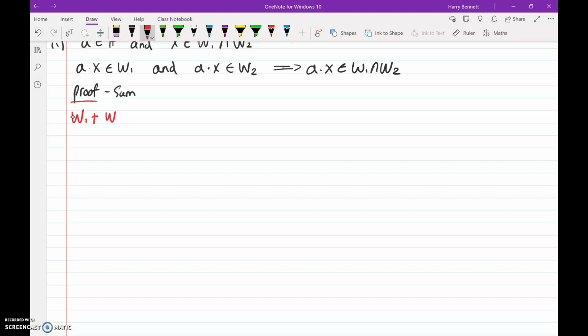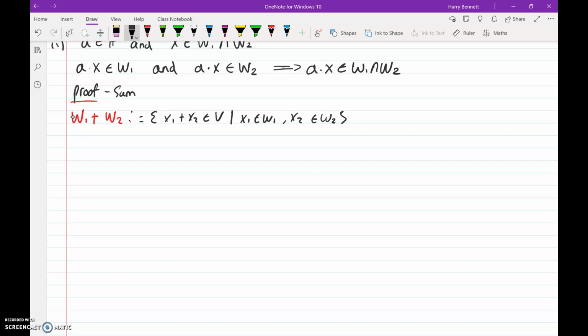I'm going to say W1 plus W2 is defined as the set of all x1 plus x2 in V, such that x1 is in W1 and x2 is in W2. Okay, and W1 and W2 are subsets of V.